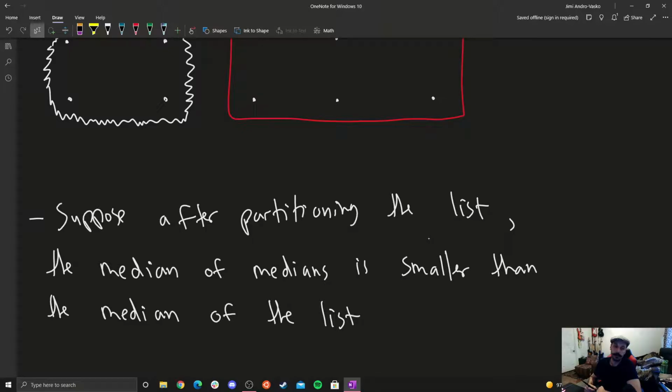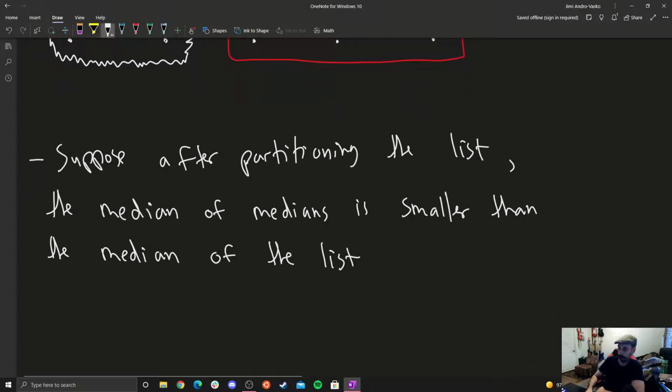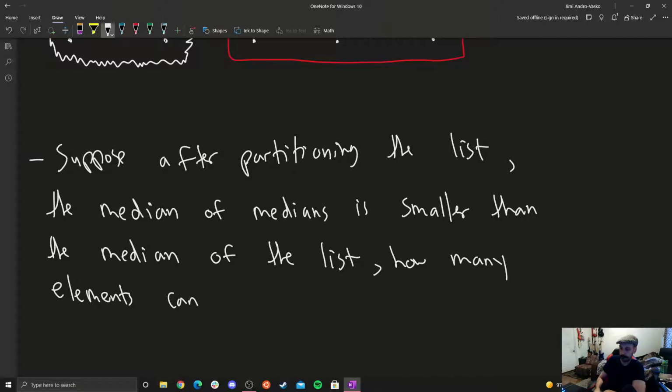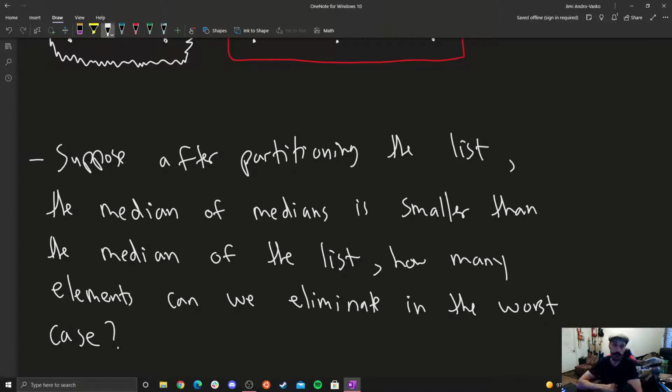So then how many elements can we for sure eliminate? And of course, in the worst case, because we're only interested in the worst case. The worst case really encapsulates every potential possible case.